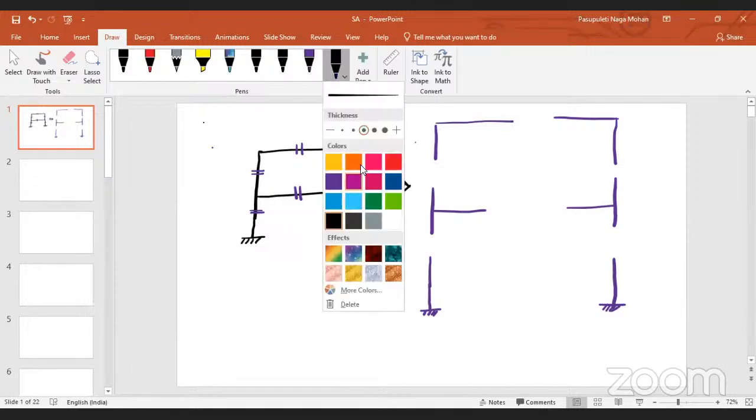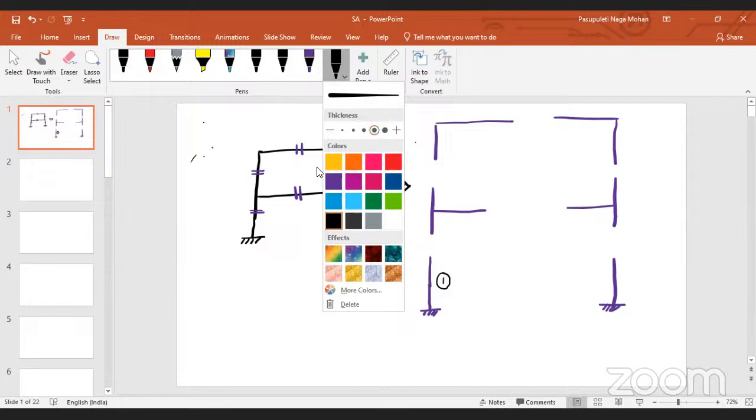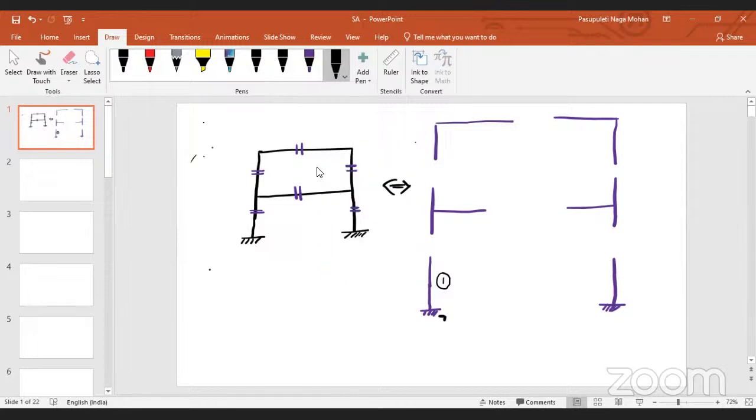Now let's see. Coming to this part one, how many reactions will develop at this support? Three, right?